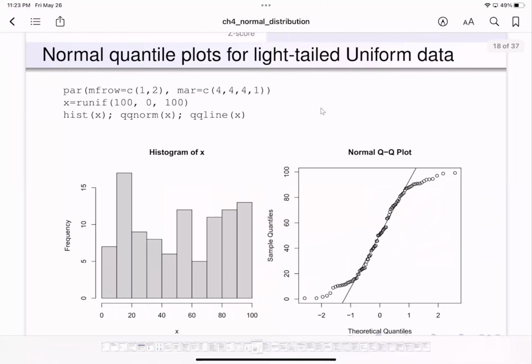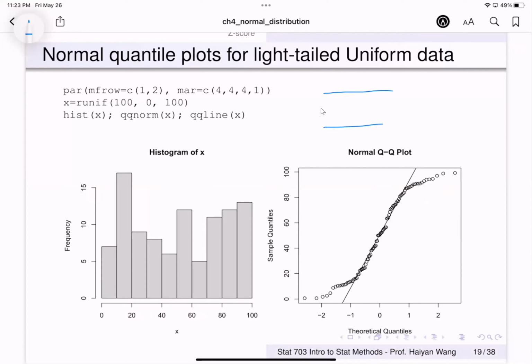And this one is for the uniform distribution. In the uniform distribution, if you plot the probability density function, you would expect that between the lowest number and the highest number, in this example from 0 to 100, the probability density function is supposed to be even everywhere.